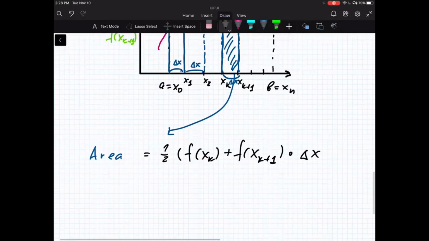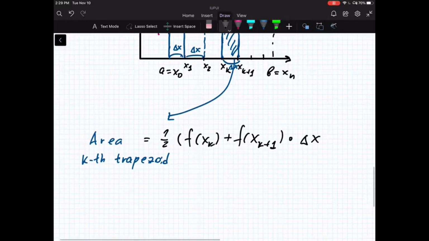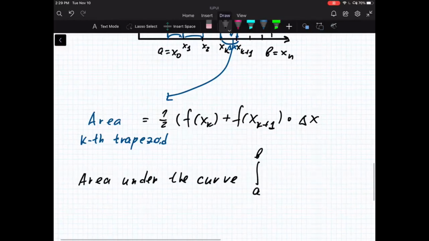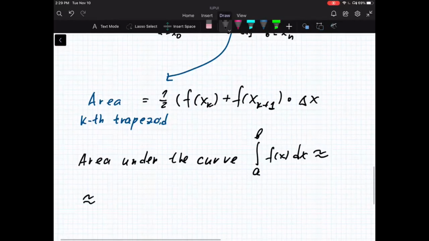And the last step is to sum up. So this is the area of the kth trapezoid, and thus the area under the curve, which is the integral from a to b, f of x dx, is approximately the sum of these areas of trapezoids.